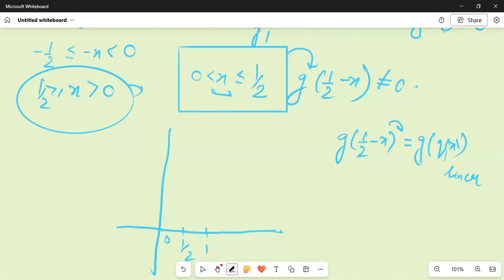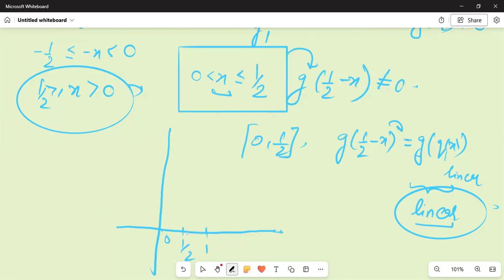Q is a linear function, and G is also a linear function. So we know that the composition of two linear functions is always a linear function. And we need to look at only the points between 0 and half, both included, that means the points of the closed interval. After that, G(1/2 minus x) is 0.